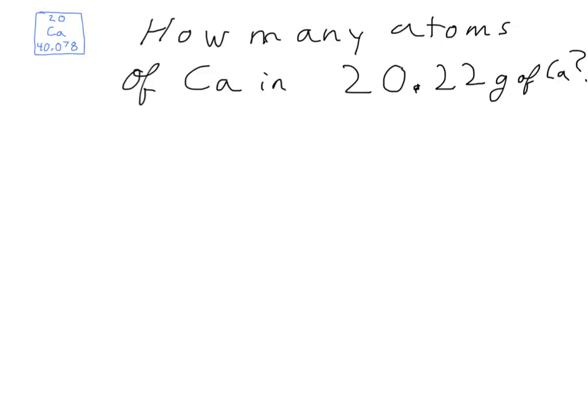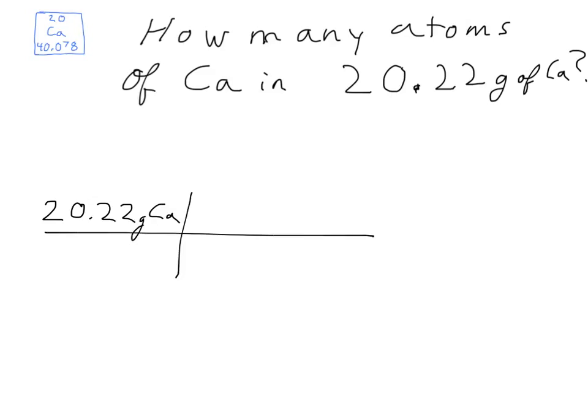We're faced with a problem. Once again, that problem has 1 number in it, so we know we're going to start our line with it. We also know that whatever our first unit is, we're going to get rid of it. What do we know about grams? The only thing we ever know about grams is molar mass.